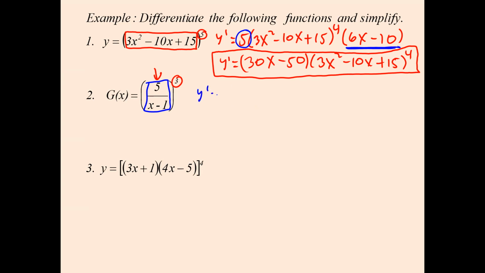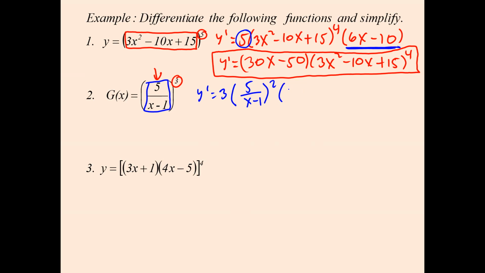So, y prime is equal to 3 times (5 over x minus 1) raised to 2. So, ano napapansin nyo dito? We have a quotient rule. So, ang gagamitin natin ay low D high minus high D low over low low.